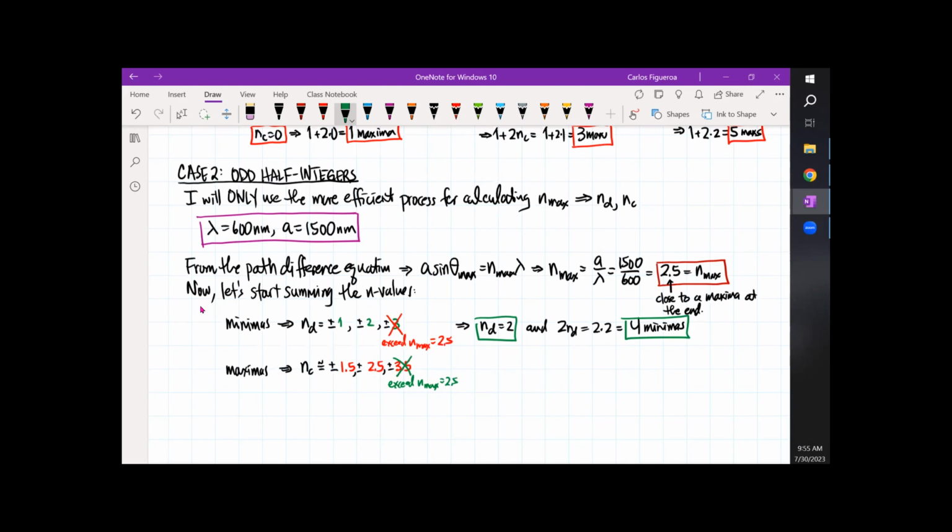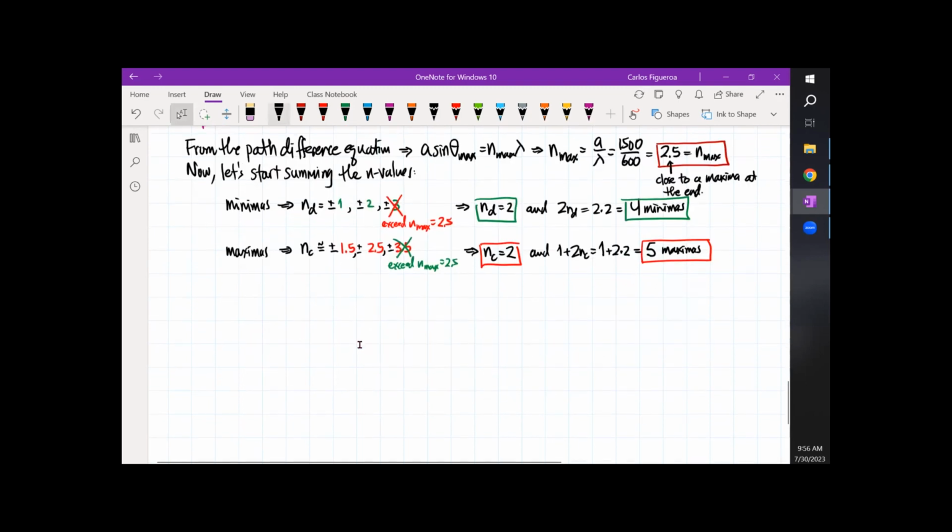That means I only have 2 values for NC. So NC is equal to 2, and my pattern is going to be 1 plus 2NC, which is 1 plus 2 times 2, which gives me 5 maximas. So now I know everything about the pattern.